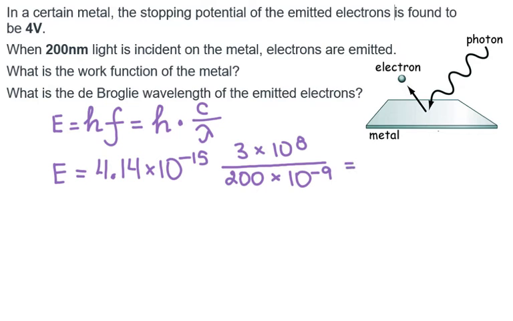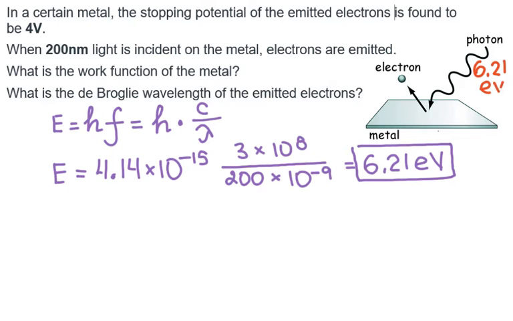If I do my calculations, I will get 6.21 electron volts. So this is the energy of the photons that are coming in.